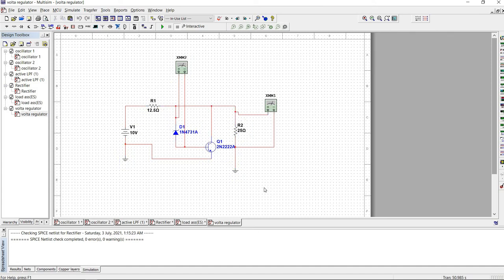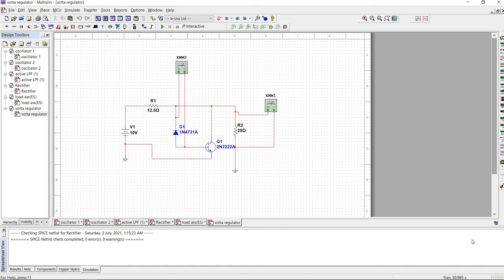As you can see, my circuit contains a Zener diode and a transistor of 2N3904.